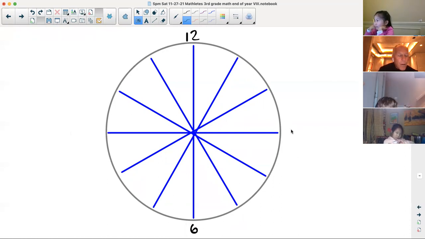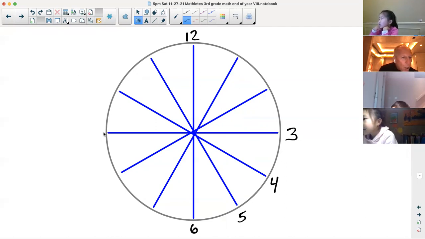Right over here. Think about it. If this is 12 and that is 6, then this must be 5, 4, 3. And then what about northwest of 6? So west of 3 would be what? 9. 9 is exactly right.